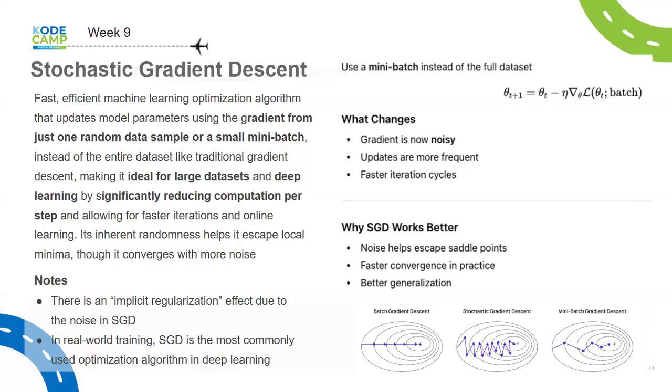It's actually a mini batch, not a single sample. So that of course results in a more erratic descent in the loss landscape, but it actually improves performance overall. And of course, it's better for very large data sets.